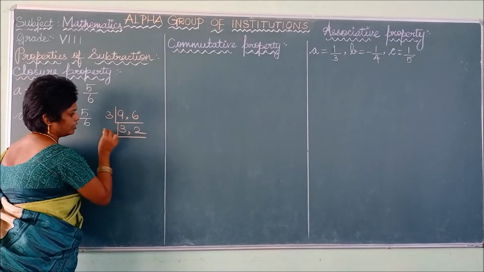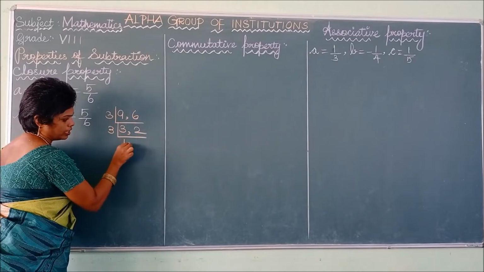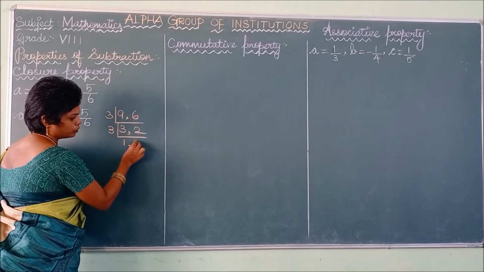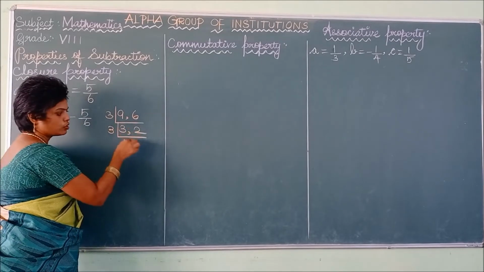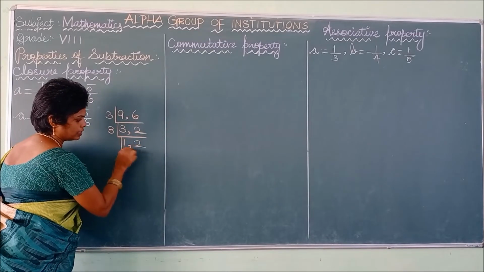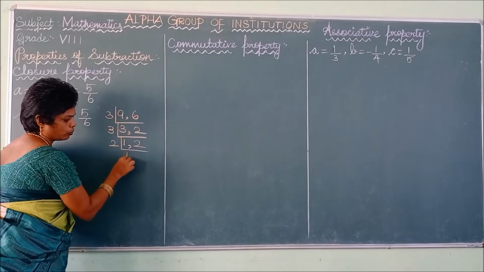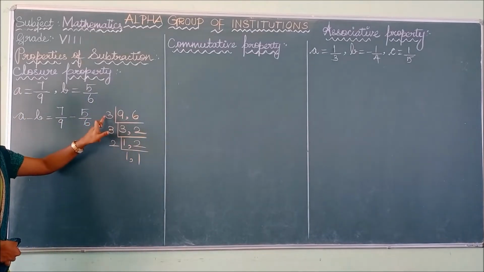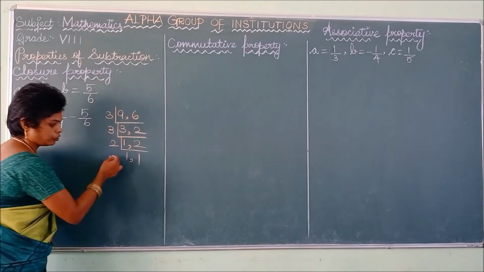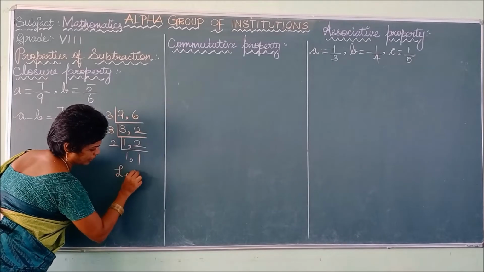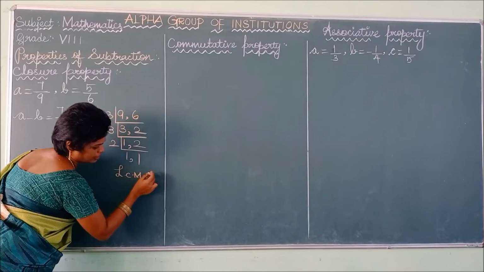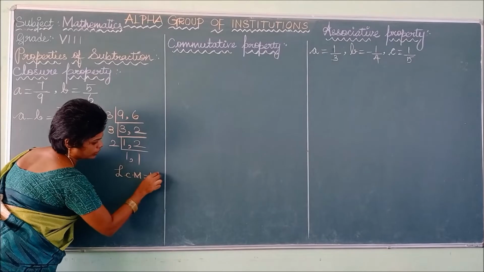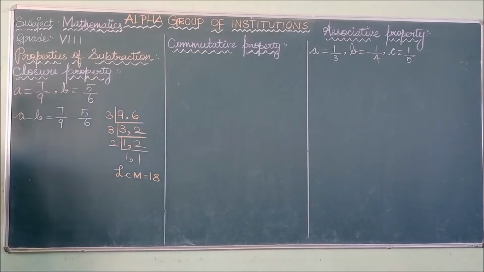Again you can take the 3 table: 1 3 is 3, 3 into this does not come, so you can bring the 2 as it is, and put 2, 1 comma 1. So multiply those values: 3 3s are 9 into 2 is 18. So our LCM is 18.